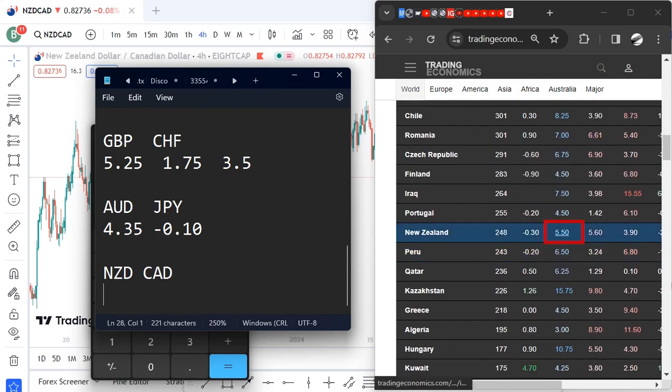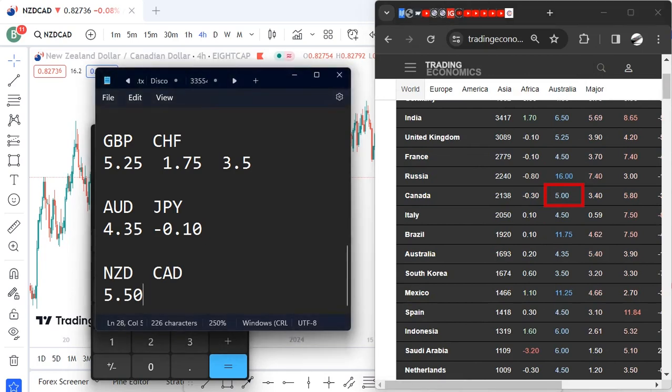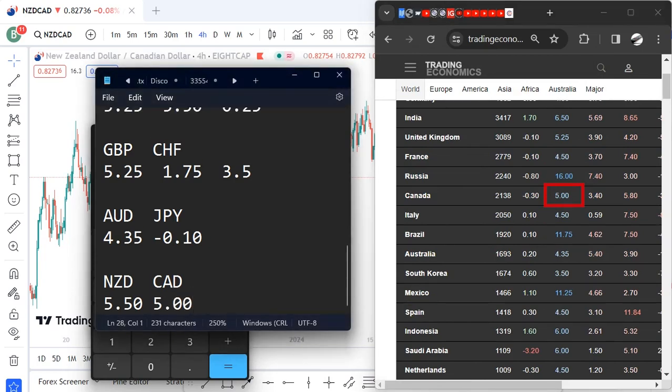This is New Zealand, and what we have here is 5.50, and the Canadian dollar, okay, that is 5.0. So if you find the interest rate differential, we're going to have 0.5.